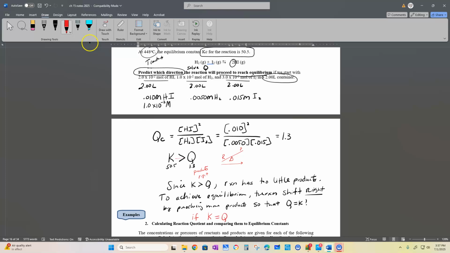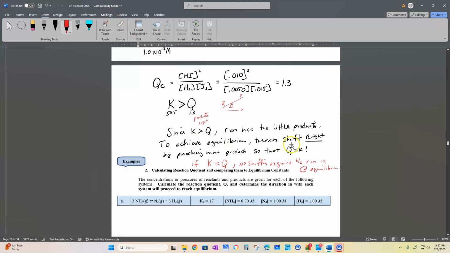What if when we solved for it, instead of 1.3, it was actually 50.5? Well, if both values are the same, there's no shifting required, because the reaction is at equilibrium already. No shifting required.